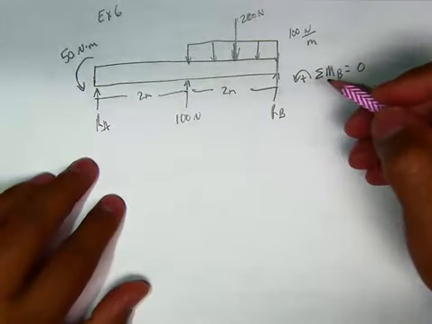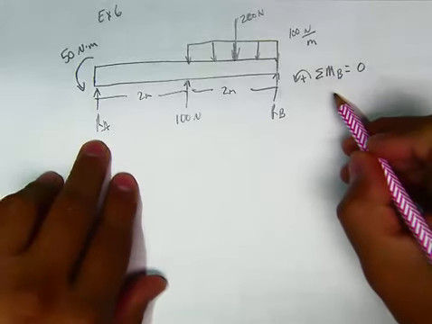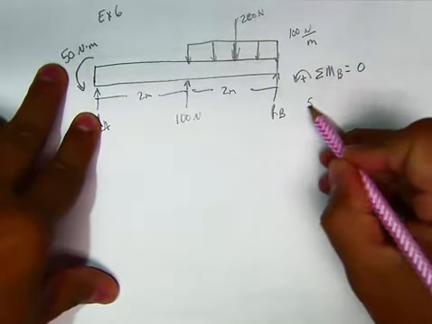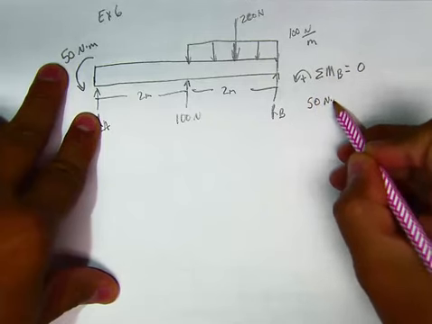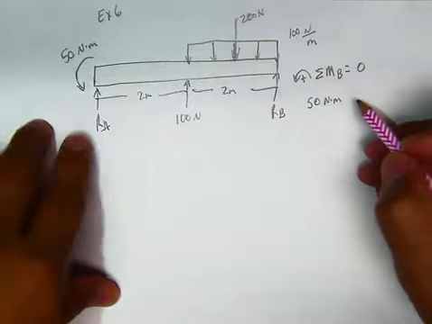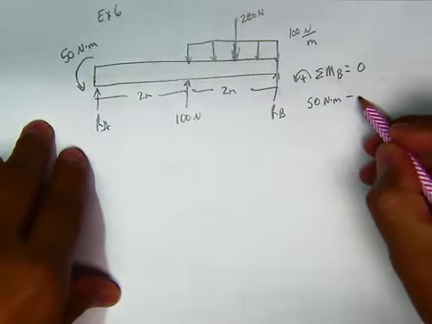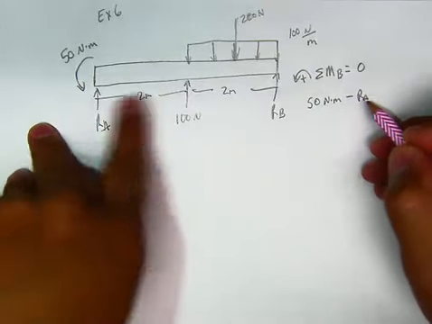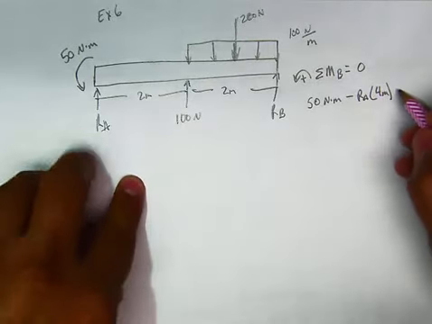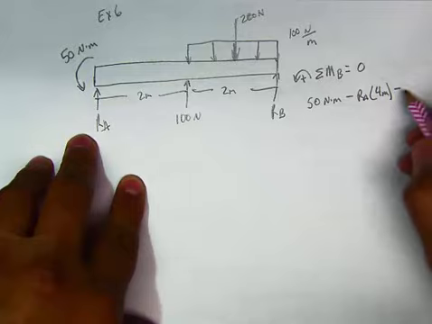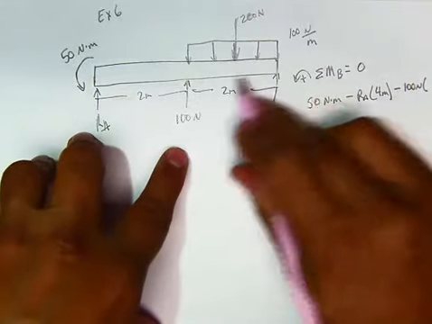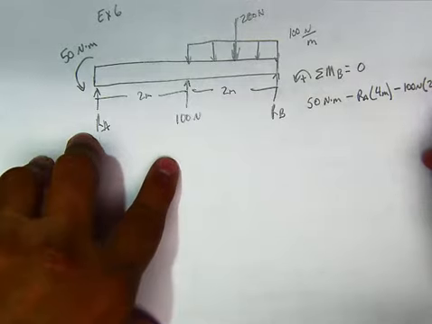Positive, and usually we start from left to right. This is positive 50 newton meters, and then I have RA producing clockwise, so that's negative RA, a distance of 4 meters. Then I have this 100 newton force also producing clockwise, which is negative 100 newtons, at a distance from B of 2 meters.